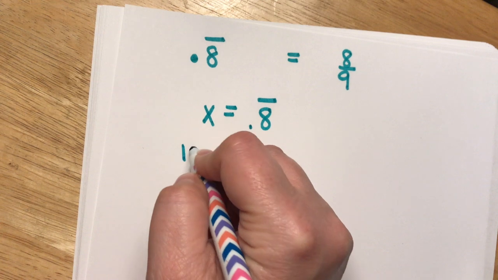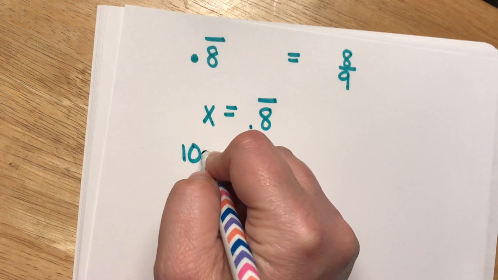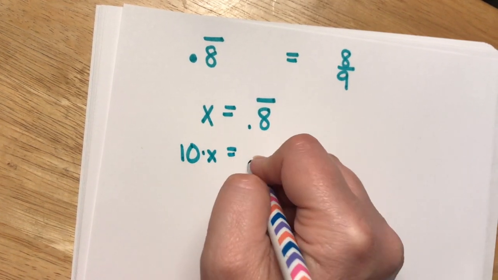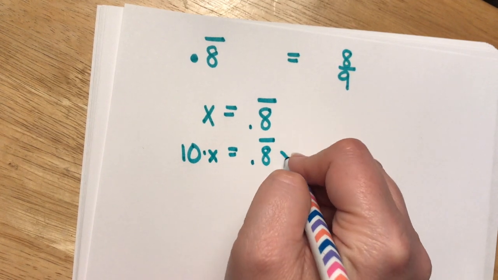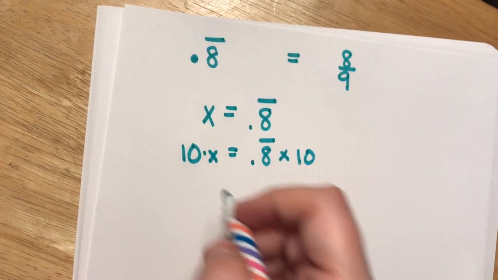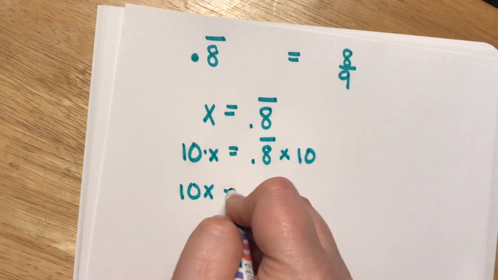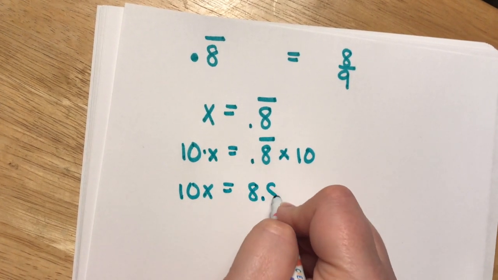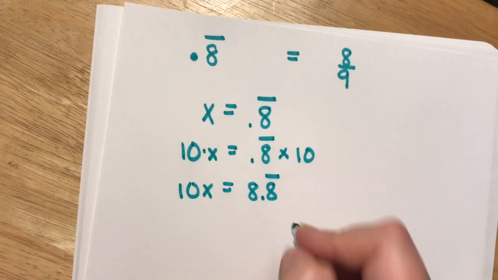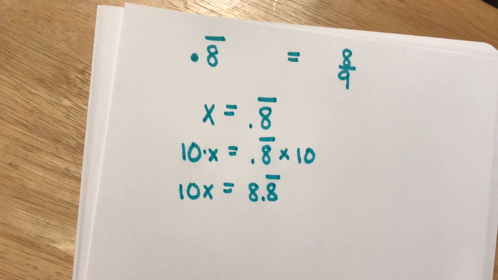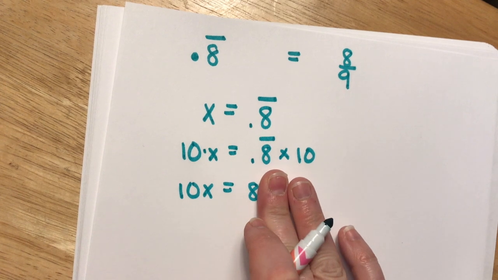So over here, I'm going to multiply 10 times x, and over here, I'm going to do 0.8 repeated times 10, and I end up with 10x equals 8 repeated. Now my job is to get rid of this.